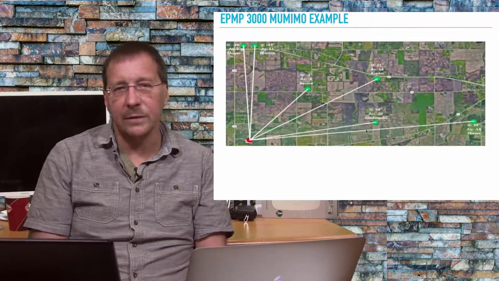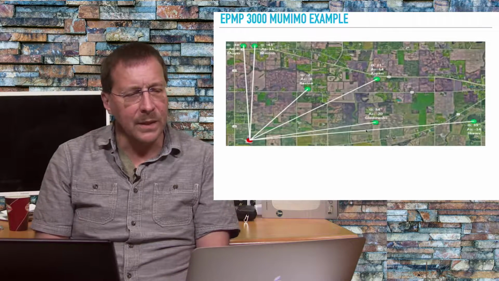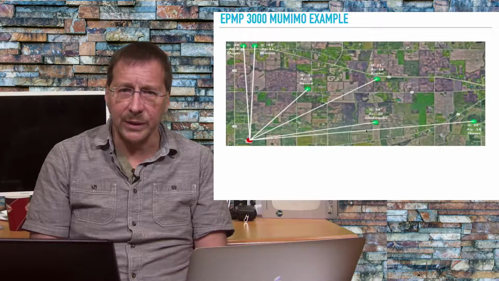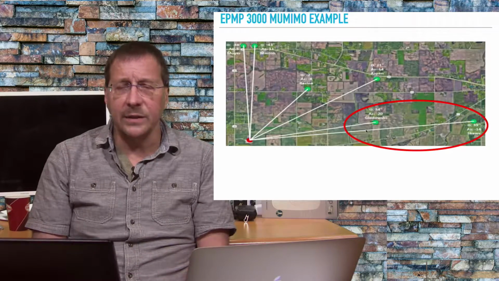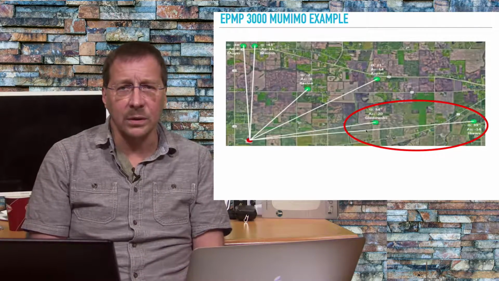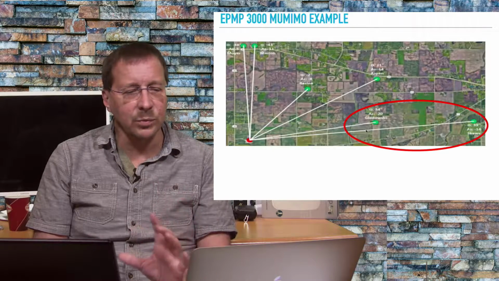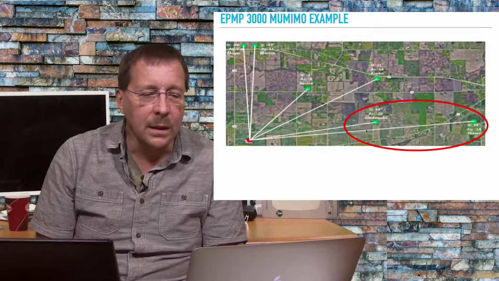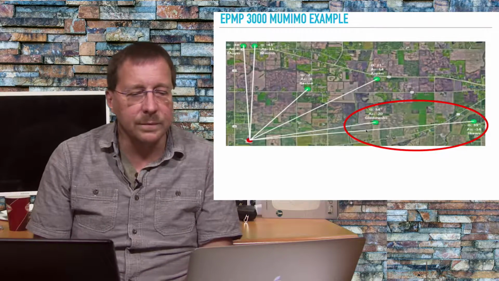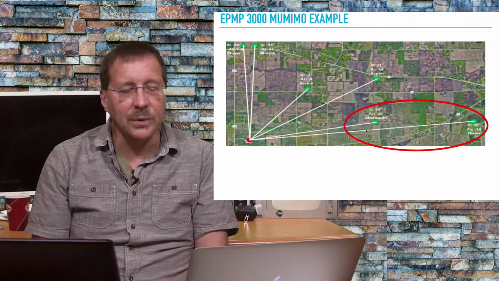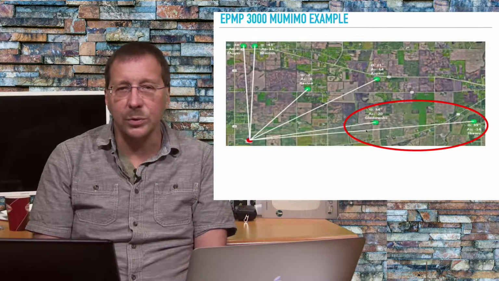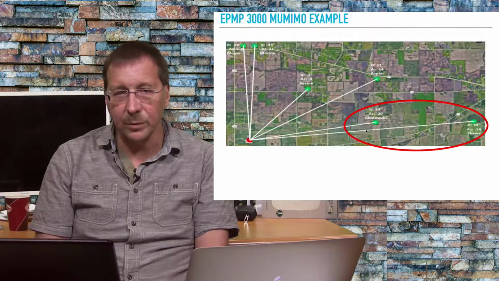So let's take a look at it from a practical standpoint. This is an AP. It's got 6 SMs, and they're spread out. If I had two SMs that were basically right behind each other, in fact about 6 degrees of separation, for example, the AP would not be able to distinguish between those two SMs, and therefore it wouldn't be able to group them.